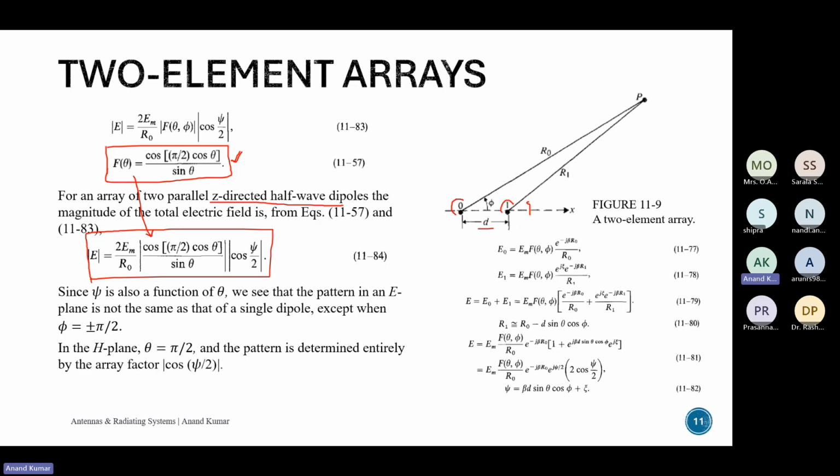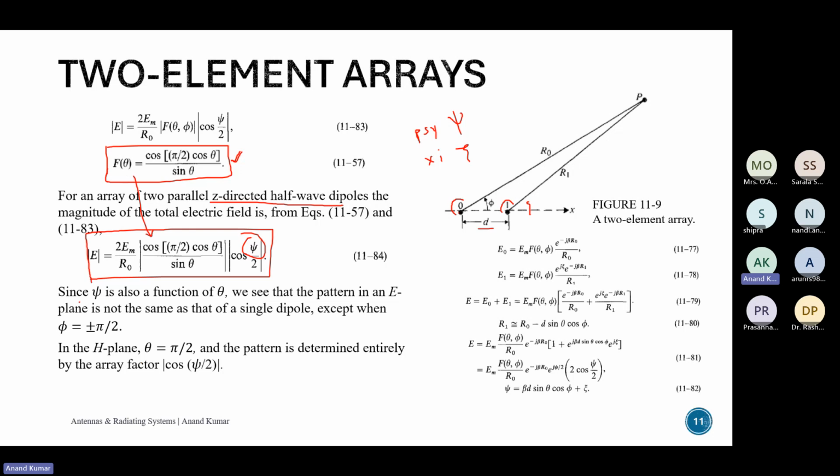Now, this particular function over here is called psi, psi xi.